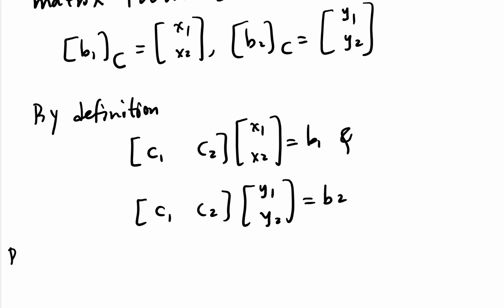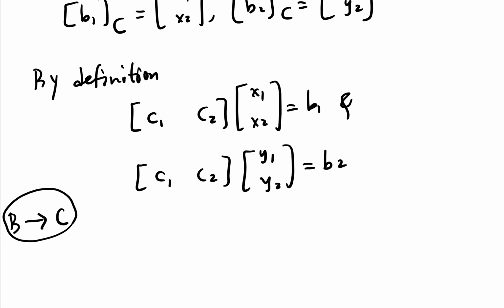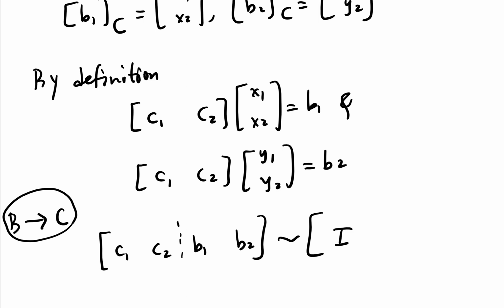So remember here we're going from B to C. So if we're going from B to C, we start with C1, C2, B1, B2. And we're going to do some row operations on this to rewrite it as the identity matrix.